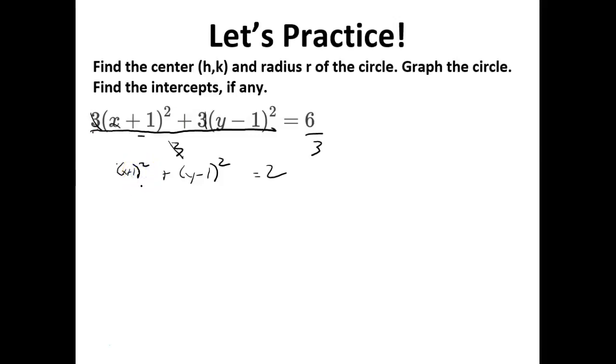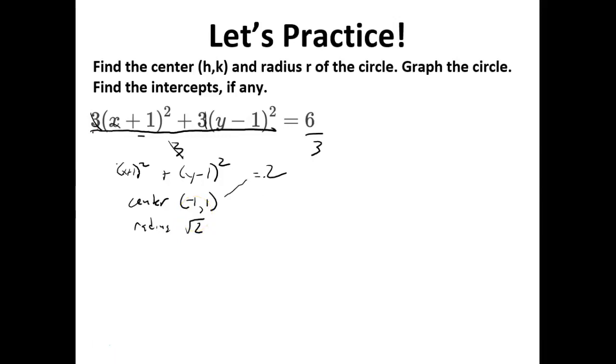Here, the center is the opposite of this, so minus 1, and the opposite of this one, plus 1. There's the center. This is the radius squared, so if we want to know the radius, it has to be the square root of this number. So the square root of 2 is the radius.